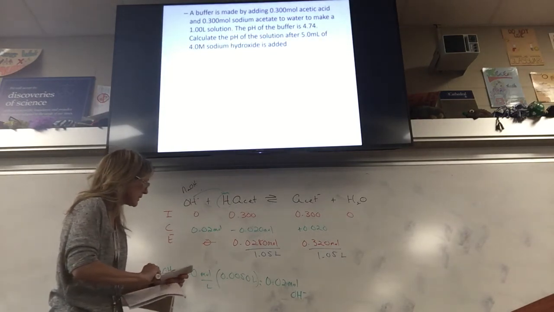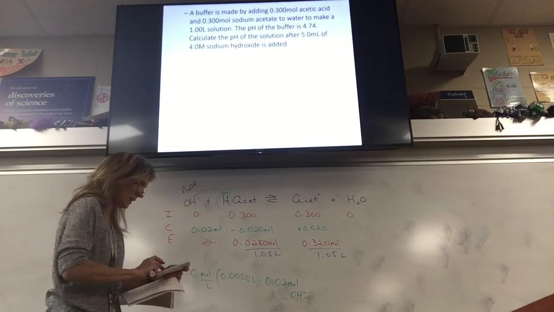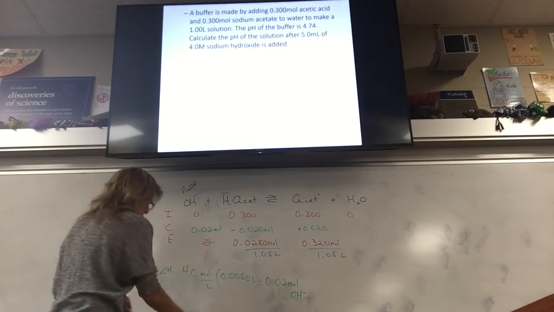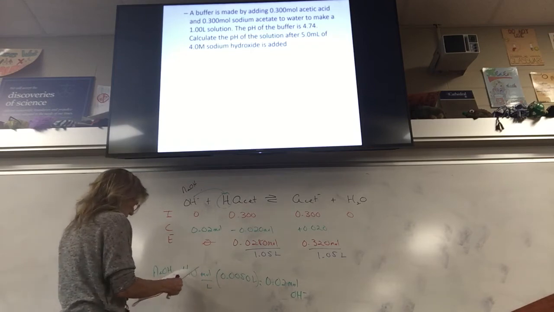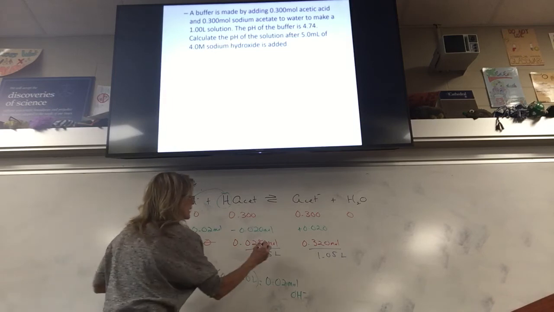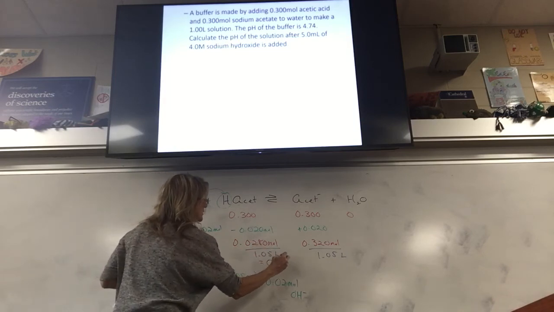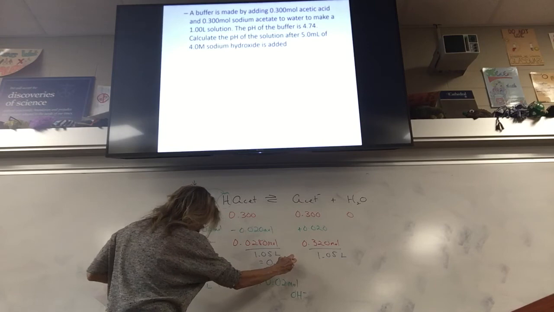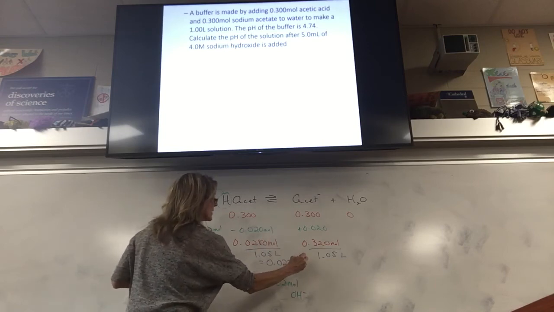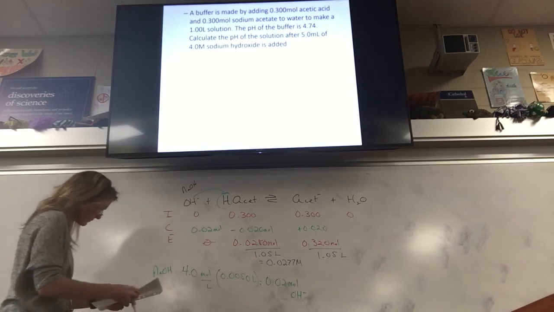Okay, so 0.028 divided by 1.05 gives us 0.0277. We'll keep 3 sig figs. That's our concentration of our acid.